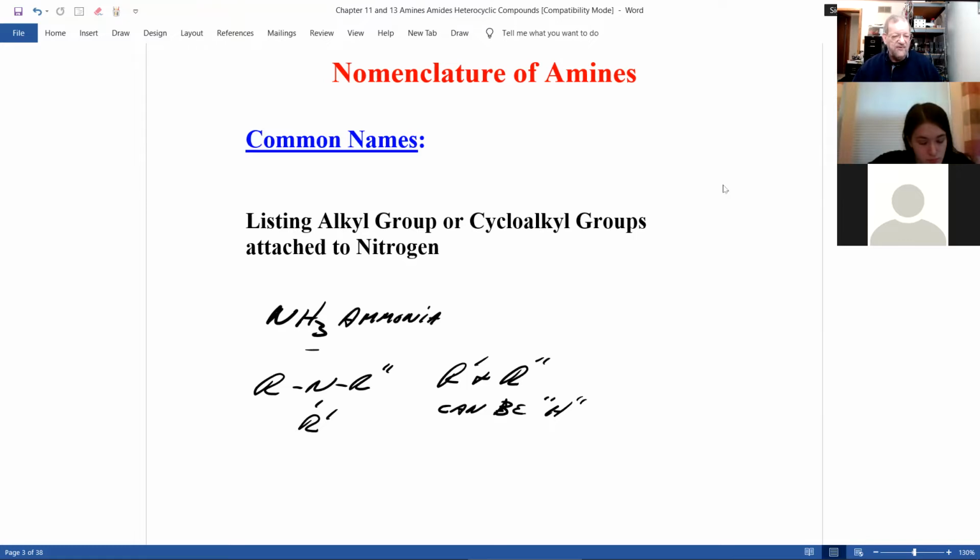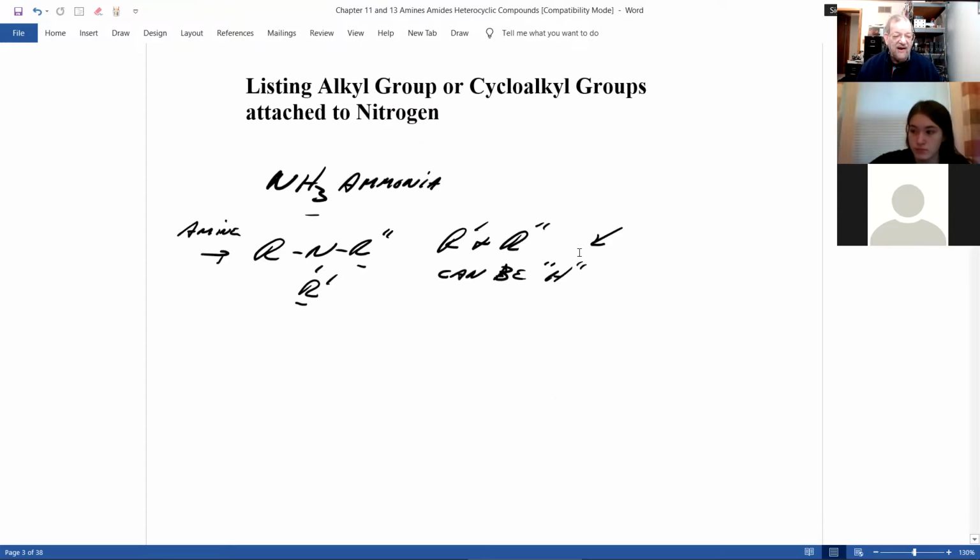Now, this is the general structure for any amine. And remember, R prime and R double prime can be hydrogen. And I talked about last week, how do you name amines? Well, I'm only teaching you the common way, and that's you name each R group as the alkyl group or cycloalkyl group or aryl group it is, and aryl means benzene, and then add the word amine.